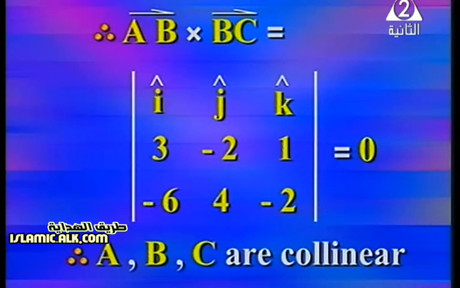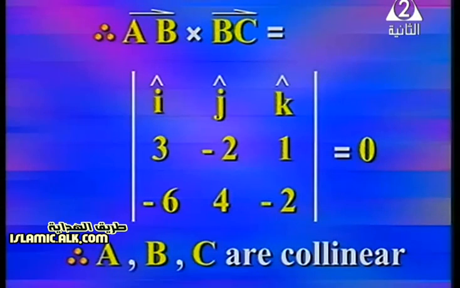Then the two rows are equal, the same elements. One of the properties of a determinant is that it equals 0 when two rows or two columns have the same elements. Then A, B, C are collinear.